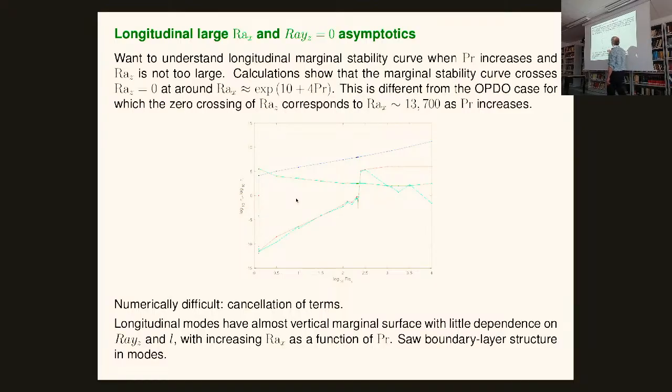And you see that as you increase your Prandtl number, your Rayleigh number increases, it's all pretty reliable. And then when you get to here, it becomes totally unreliable. Things start to jump. Your numerical eigenvalue solver is struggling terribly. And if you believe the numerics, you can show that there's an exponential growth in the critical Rayleigh number with Prandtl number. I have no idea what that means physically.